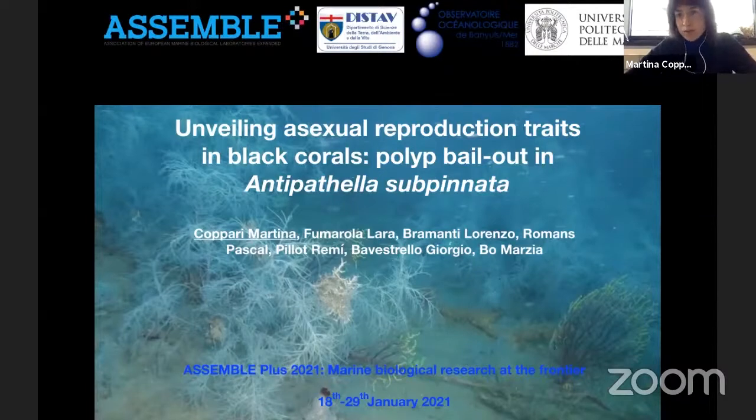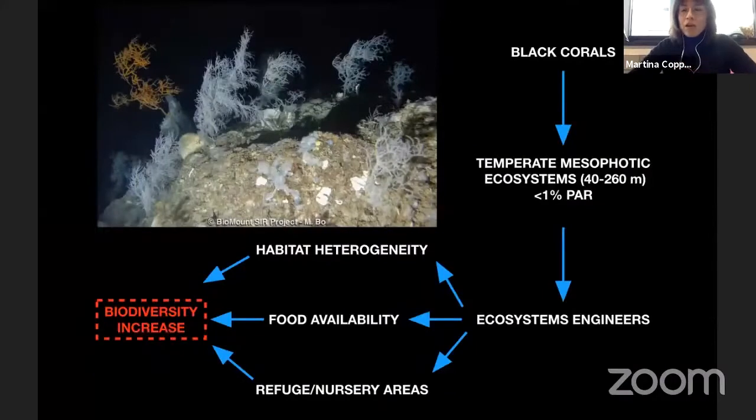My project was focused on the asexual reproduction traits in black corals, in particular on Antipatella supinata. Black corals are important components of temperate mesophotic ecosystems, which are distributed between 40 and 260 meters depth, where the photosynthetically active radiation is lower than 1%.